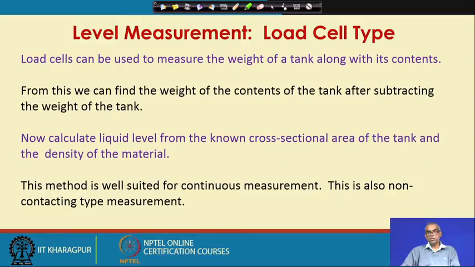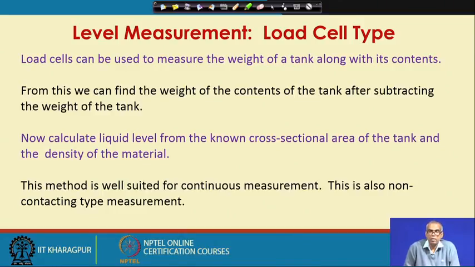Level measurement by load cell type. Load cells can be used to measure the weight of a tank along with its container, along with its contents. From this we can find the weight of the contents of the tank after subtracting the weight of the tank. So, basically you are using a load cell to measure the weight of the tank along with whatever it contains.